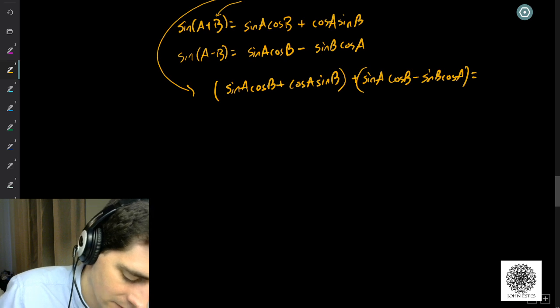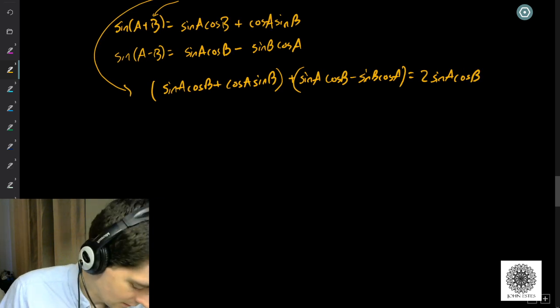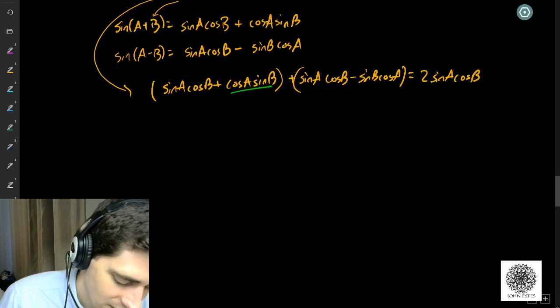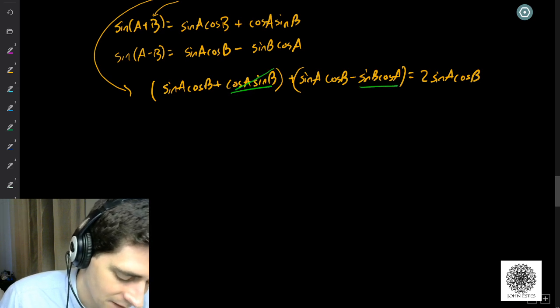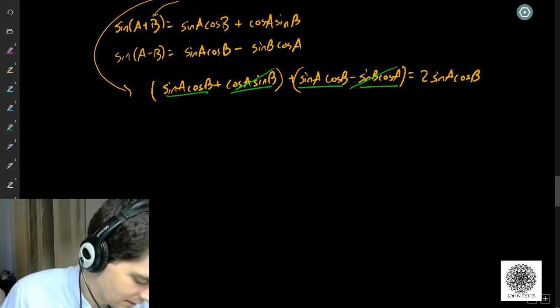All right, all of that is supposed to equal 2 sine a cosine b. We'll see if it does. But notice when I'm subtracting, cosine a sine b and sine b cosine a are the same thing. They subtract out, and I'm adding the same term together.